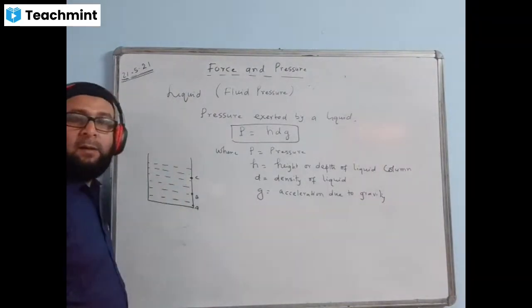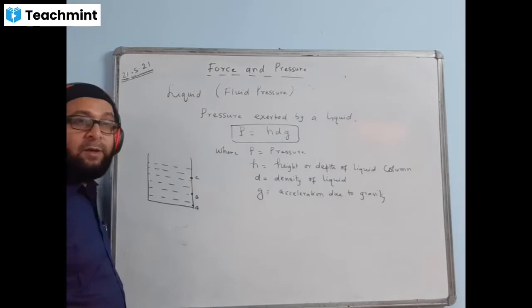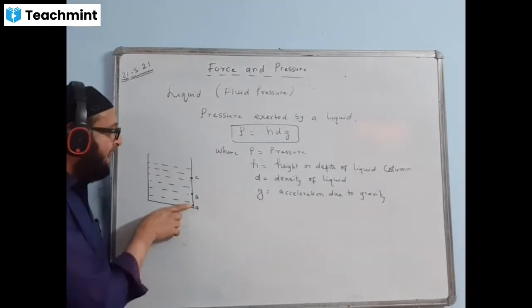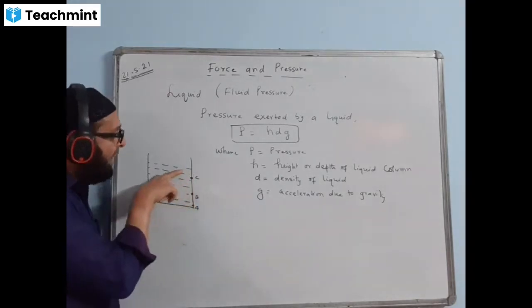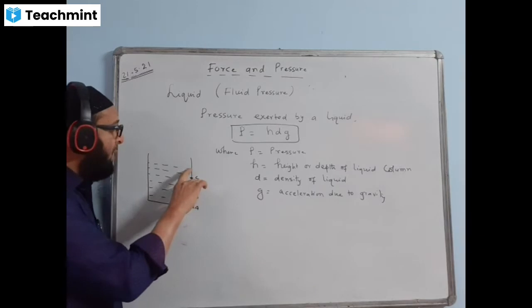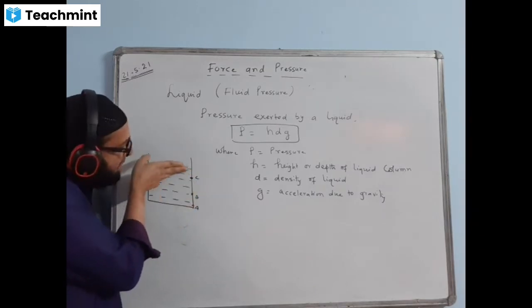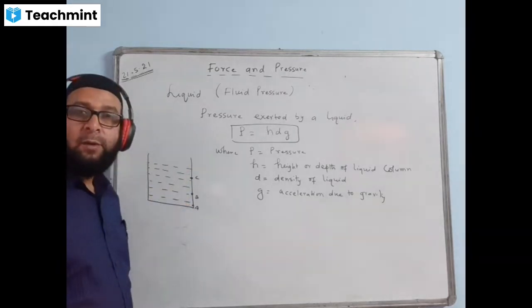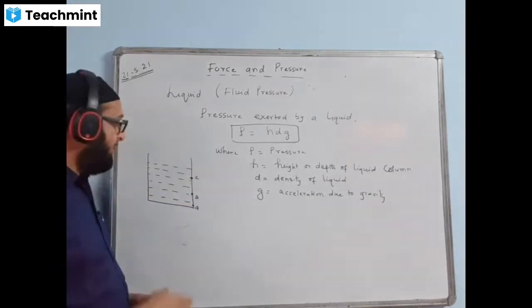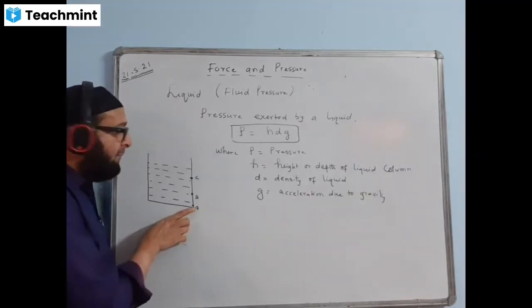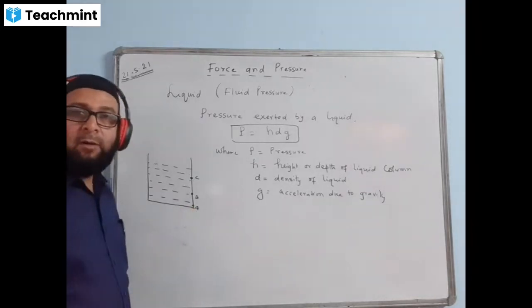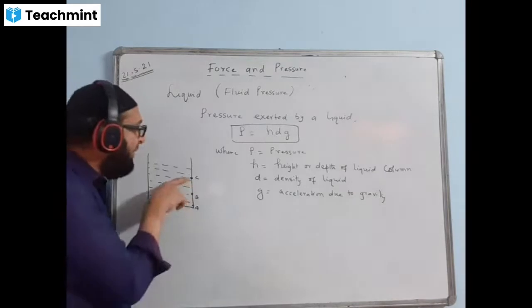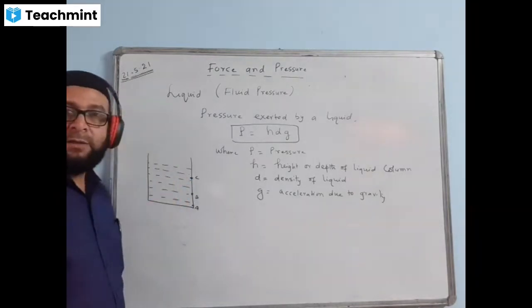Tell me. No, A is the height of this column. Height is measured from the free surface. Which point is at the largest depth? A, no. So A will have the maximum pressure here, and C will have the lowest value of pressure in this case.